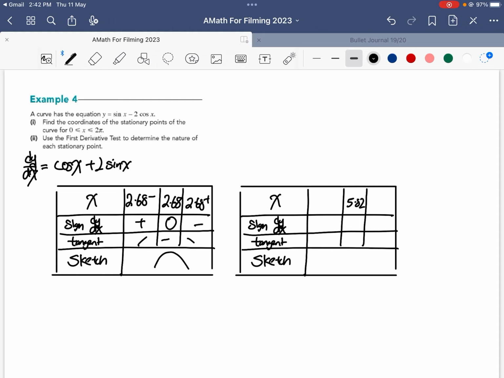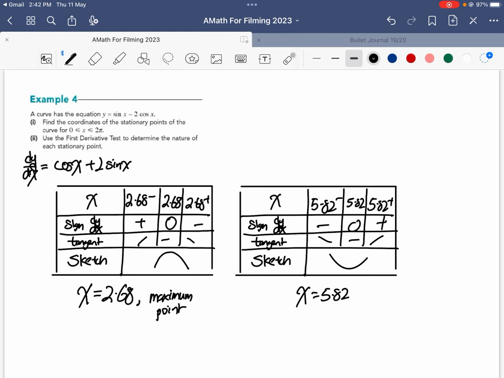So what you get is this one. I say that at x equals 2.68, we have a maximum point. Similarly, for 5.82 plus and 5.82 minus, I will have a point like this, and at x equals 5.82, I have a minimum point.